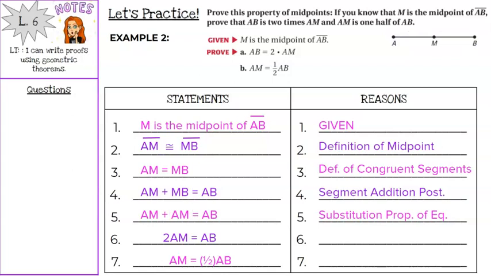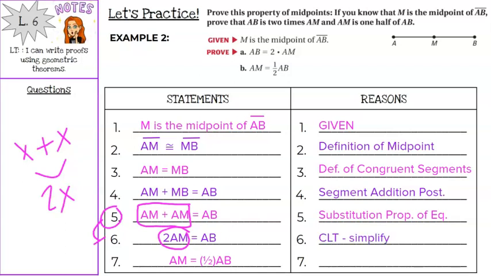And then from statement 5 to statement 6, we've taken AM plus AM and made it 2AM. Well, that's just like doing x plus x is 2x. It's just combining like terms, a simplification, which then leads us to proving our first piece that says AB equals 2AM. Because by that symmetric property, we can say that those 2 things are the same thing.